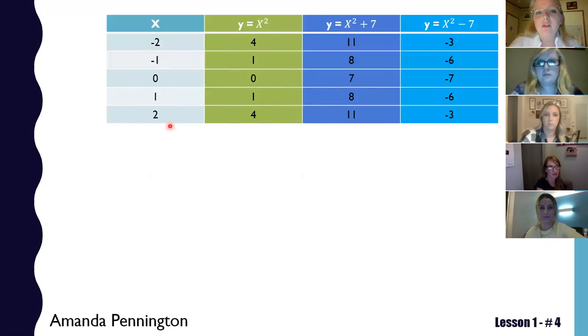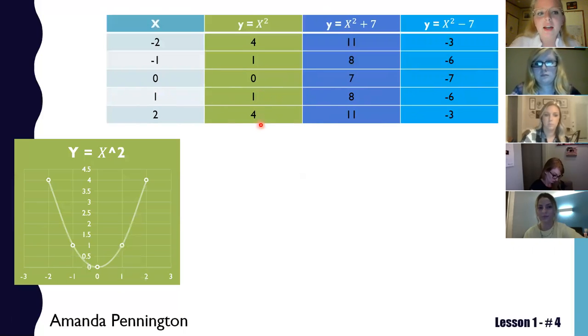When we plug those in, -2 squared, so -2 times -2, like Cheyenne said, is going to give you a positive 4. And it gives us 4, 1, 0, 1, and 4. So when we put that in a graph, it's going to look like this. The origin is going to be at the 0, 0 point. And this is going to be our basis to see how the future graphs move up and down on the y-axis.